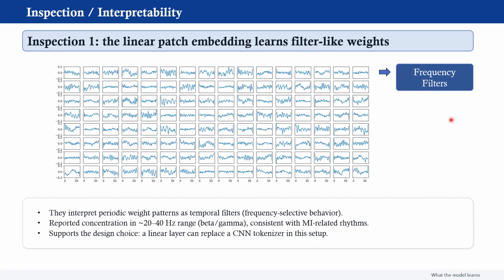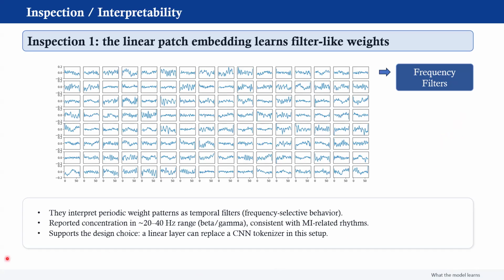Now, they've also tried to do some sort of interpretability analysis. So basically, first, they have looked at the weights of the linear embeddings in the first layer of their model.